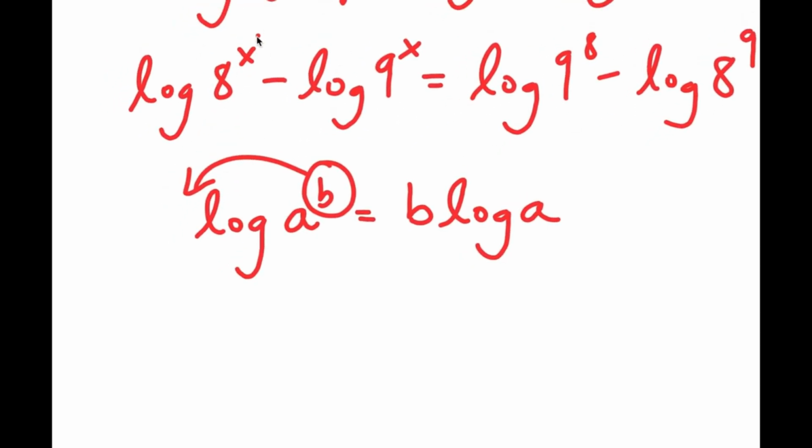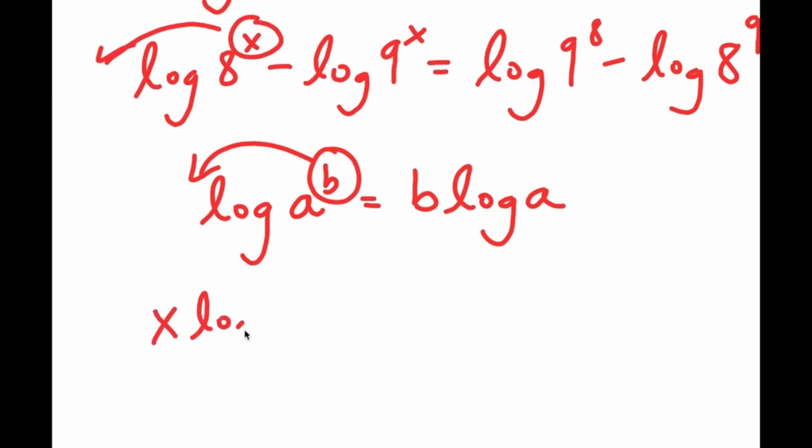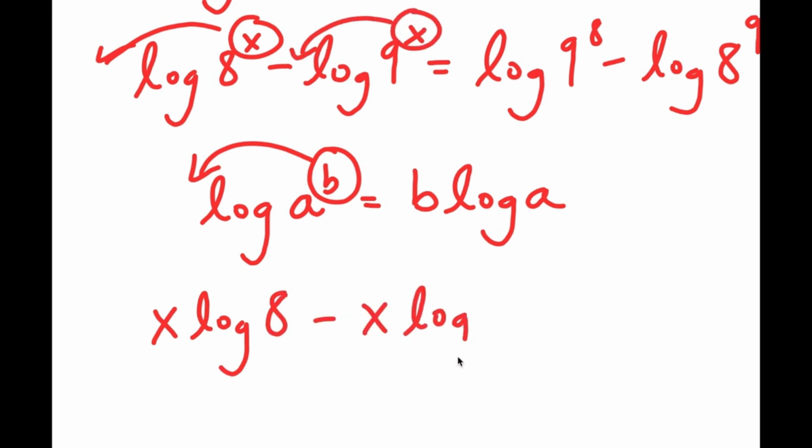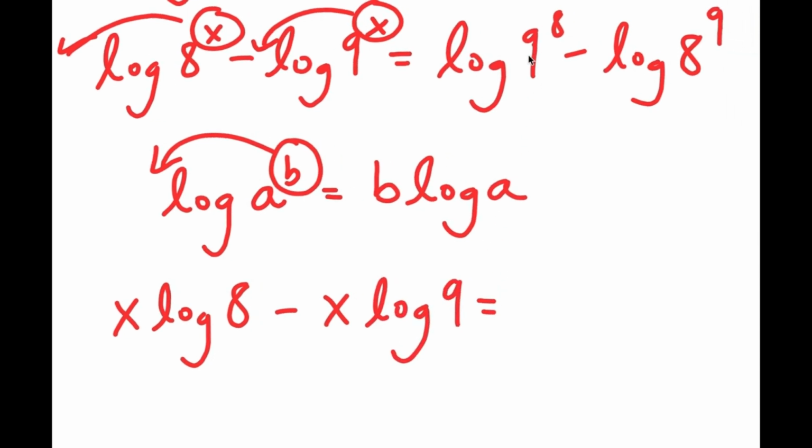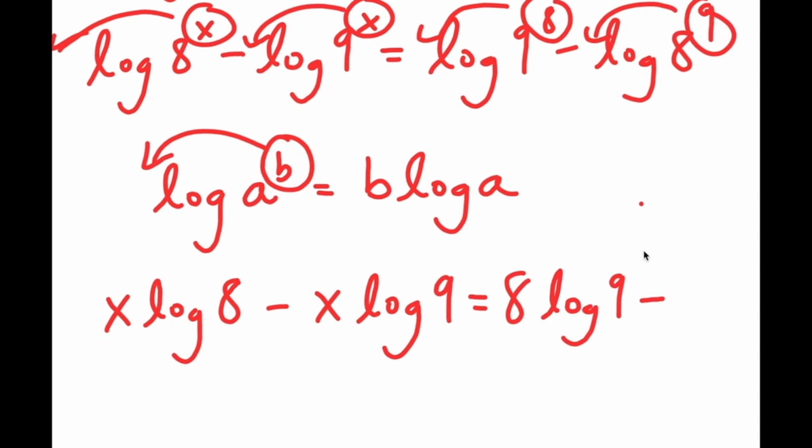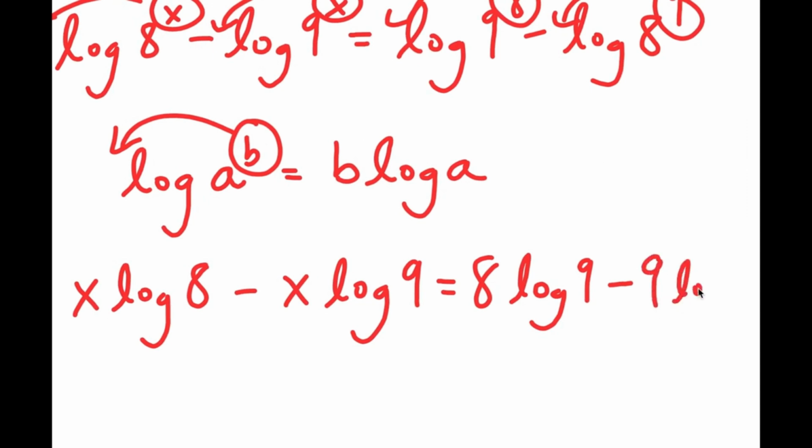So to start, log 8 to the power of x, I can move this to the front, and I get x times log 8. Now I have this minus log 9 to the power of x, I can move x to the front, so I get x times log 9. And this is equal to log 9 to the power of 8. I can move 8 to the front, so I get 8 times log 9 minus log 8 to the power of 9. I can move 9 to the front, so I get 9 times log 8.